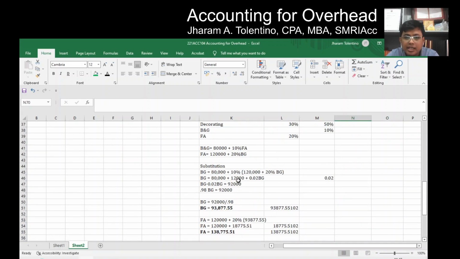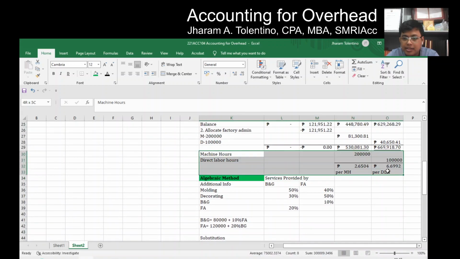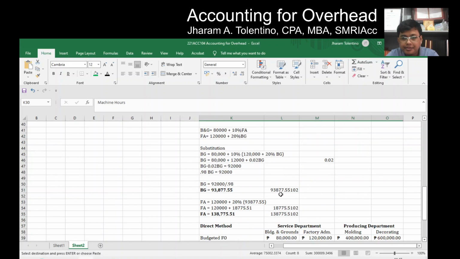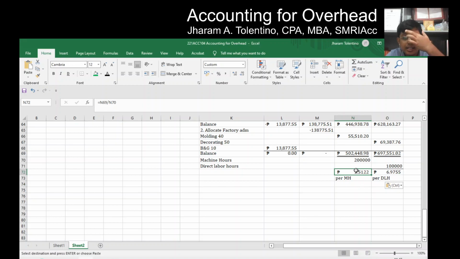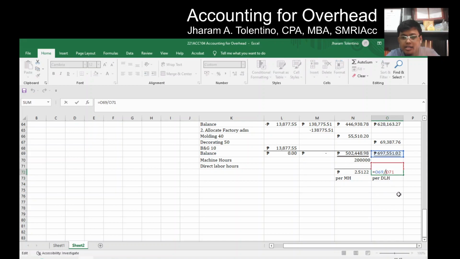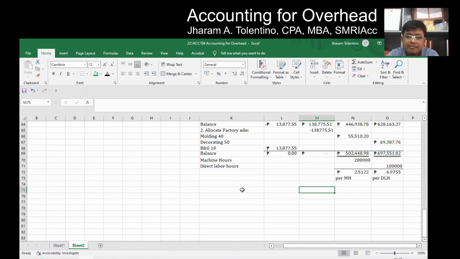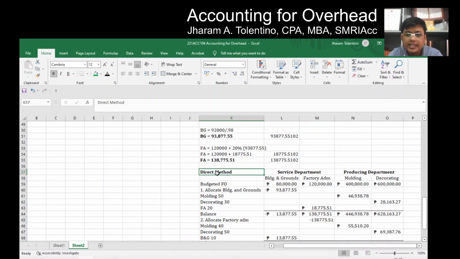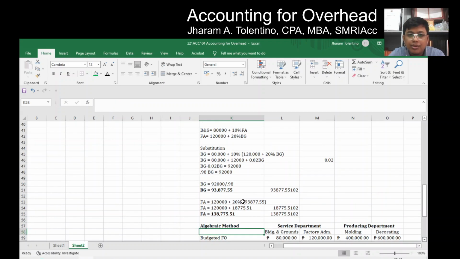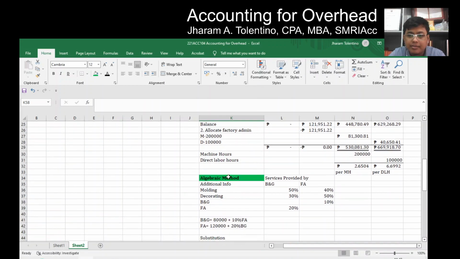And i-divide na lang natin siya using this one. These informations. Okay. So I think that's all. Hindi siya direct method. This is algebraic method. Pero i-allocate mo siya directly kung paano na-compute yung addition based on the additional information.